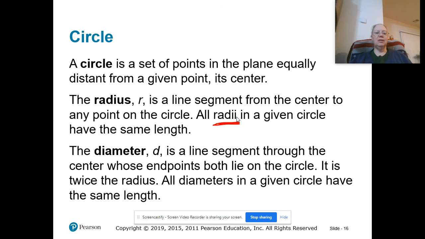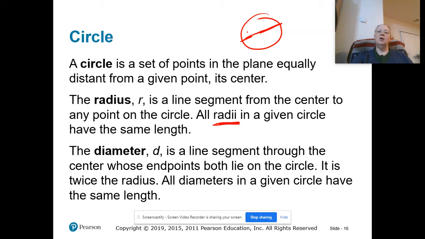They all have the same length, so the radius, okay, here is the center, so my radius goes from the center to the circle. The diameter goes all the way from side to side through the center. All right, so here is going to be my diameter.